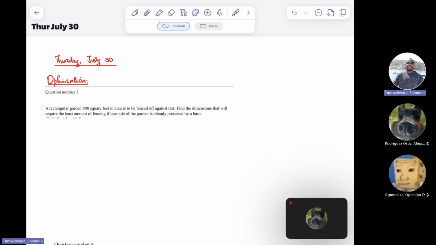Usually you're asked to maximize or minimize. So you take the derivative of that function, find the critical points, and then take the second derivative. After taking the second derivative, you check whether what you're getting is a maximum or a minimum.